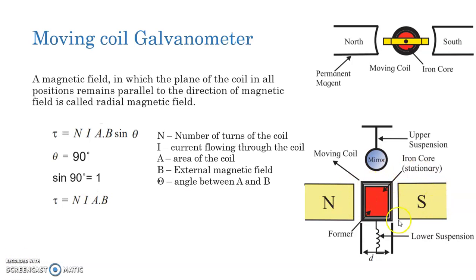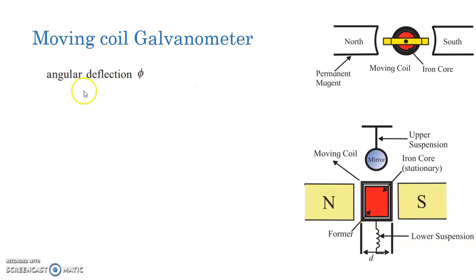However, the torque on the coil due to external magnetic field is balanced by a torque which is produced by the spring which is fitted to the coil as shown in the diagram. Because the counter torque in the spring balances the magnetic torque in the coil.